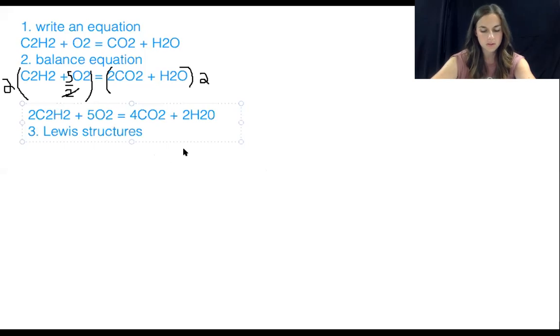Okay. So I will start with the first thing we're given, which is C2H2, and I have 2 of those. So I'm going to put my C's in the middle, put a bond there, and they're each bonded to an H. So I'm going to put one hydrogen on each side. We know carbon has 4 and hydrogen has 1. So I have 1, 2, and then, so I have 10 total.